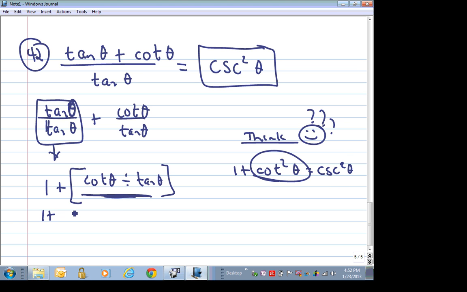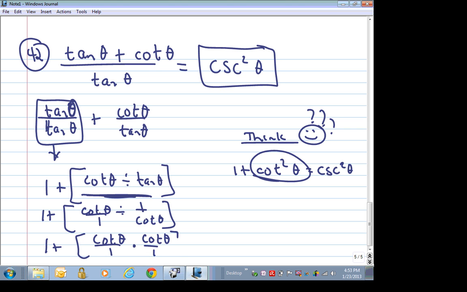I'm going to say 1 plus, I'm going to keep this in brackets, I'm going to write cotan, and I'm going to put it over 1. I'm dividing by tan, but tan is the same as 1 over cotan, so I'm going to divide by 1 over cotan theta. Now I'm going to do something else. I'm going to say 1 plus, in parentheses, cotan theta over 1, and I'm going to multiply by the reciprocal, that would be cotan theta over 1.